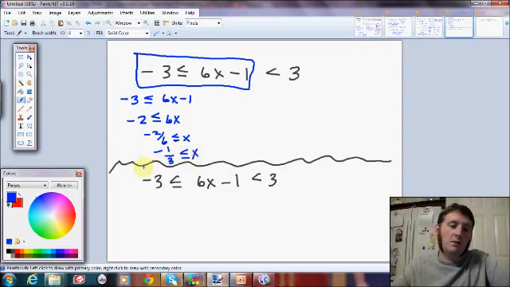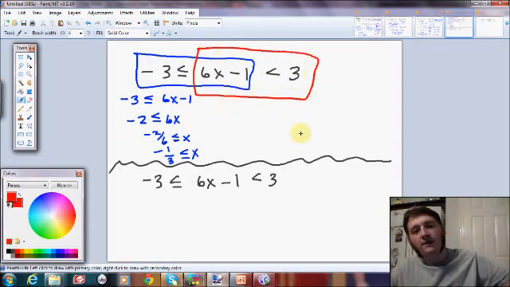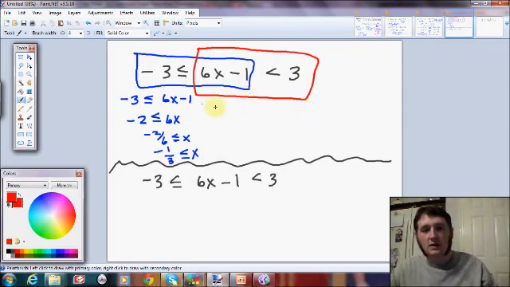And then some of you might be tempted to turn that around, but just bear with me for a second. But that was just half the problem. Here's the other half. 6x minus 1 is also less than 3. So we could solve that. 6x minus 1 less than 3.